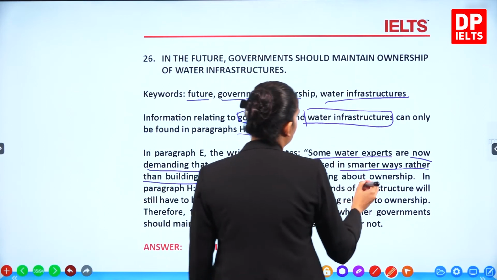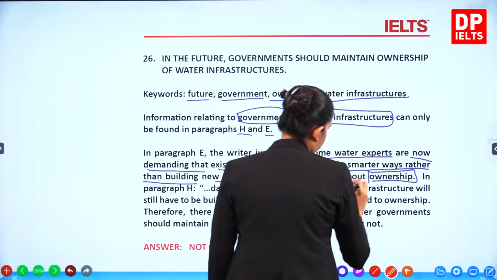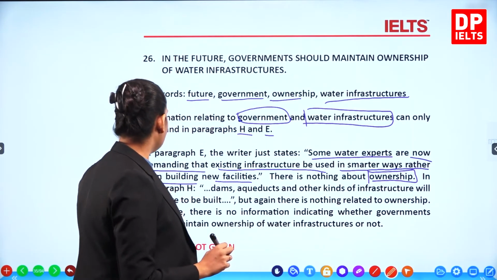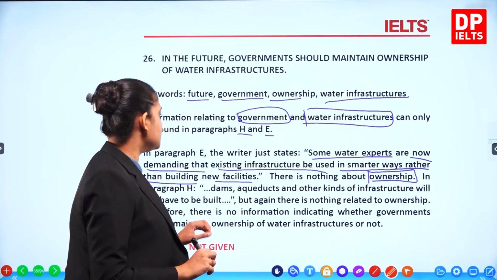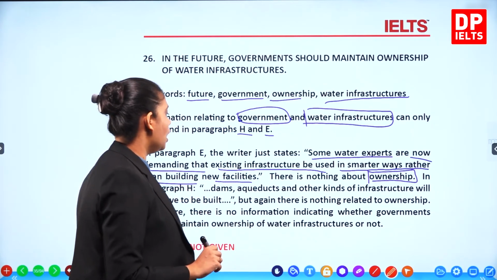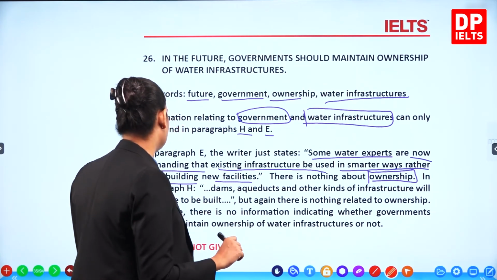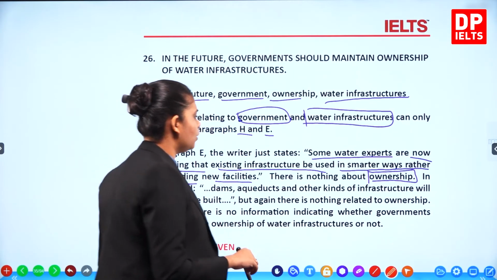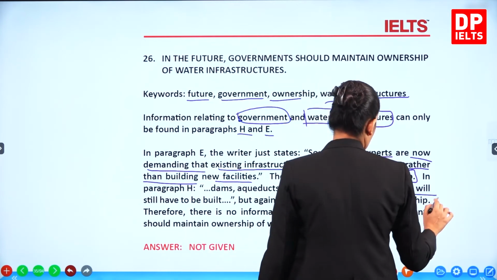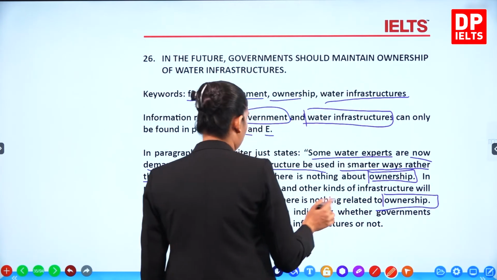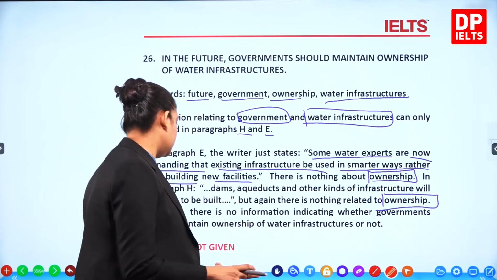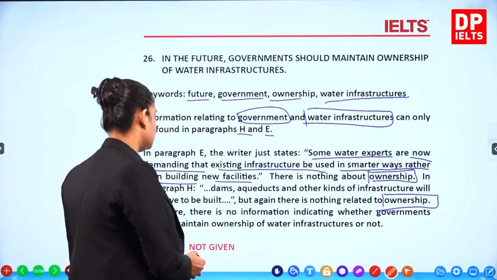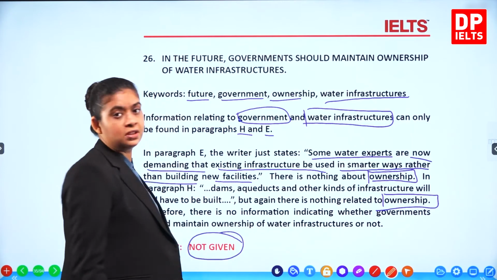There's nothing about ownership. In paragraph H, dams, aqueducts, and other kinds of infrastructure will still have to be built. Again, nothing about ownership, right? So therefore, there is no information indicating whether the government or private organizations should have this ownership and maintain it. So I would say the answer is not given.